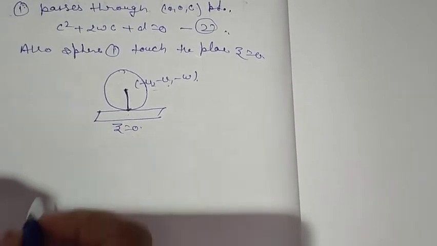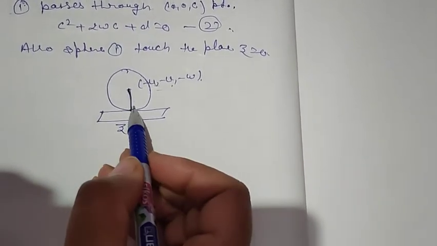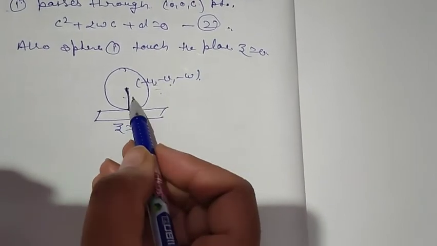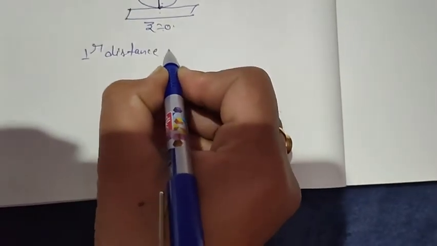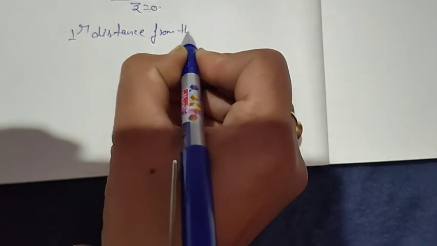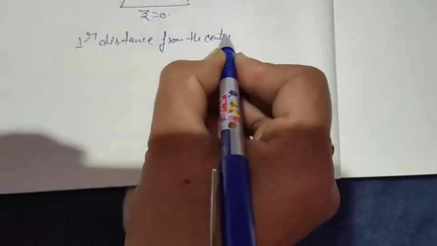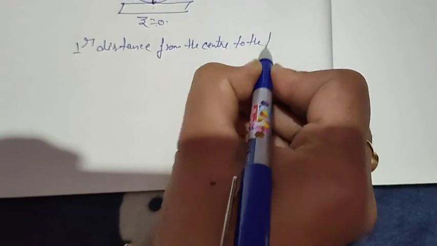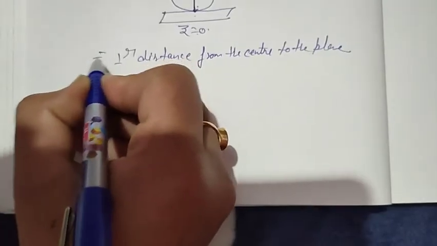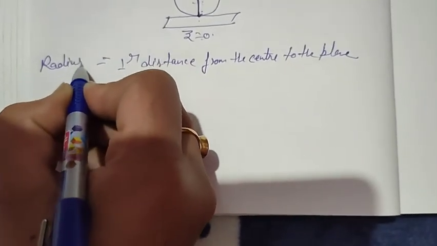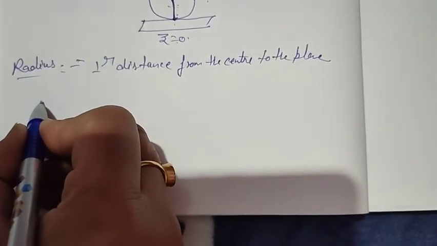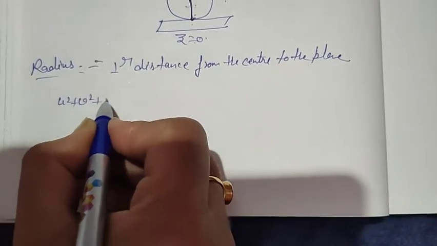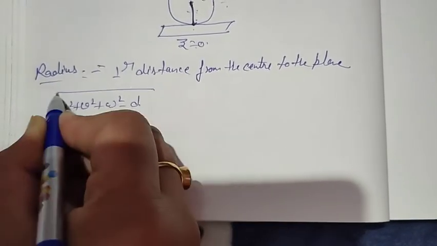So the perpendicular distance is equal to the radius. Radius is the square root of u square plus v square plus w square minus d.